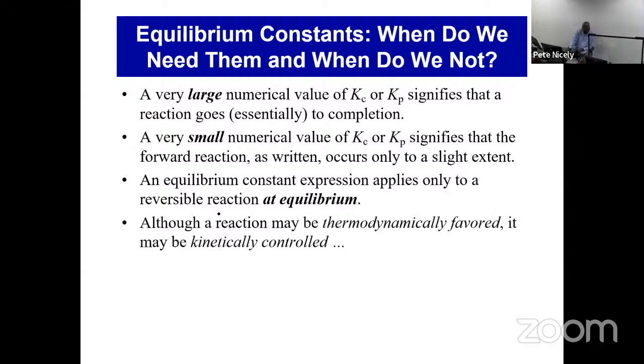And here's a very important aspect of chemistry, especially for those of you who have to do organic chemistry. You'll be looking at a particular reaction in more detail where this aspect comes into play. It says here, although a reaction may be thermodynamically favored, it may be kinetically controlled. Now, what does that mean? It means that there are two aspects of any chemical reaction.